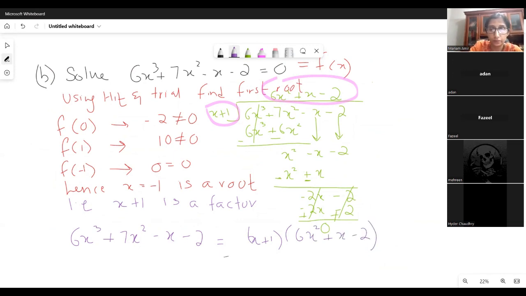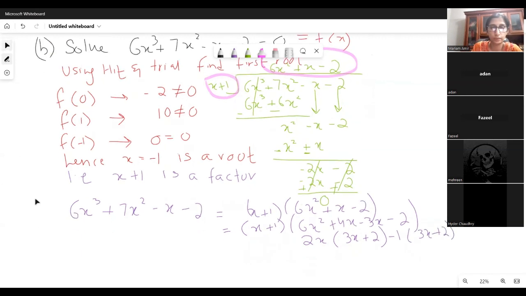So again, middle term breaking for the second expression: 6x squared plus 4x minus 3x minus 2. So 2x is common, 3x plus 2, minus 1 is common, 3x plus 2.